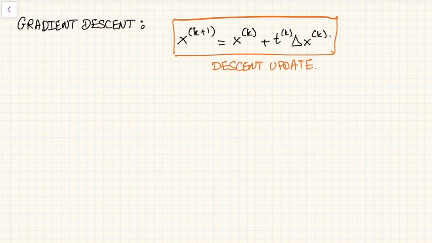And why are they called so? It's for one very important reason, and it's actually self-explanatory. It's because you're descending the f of x that you're minimizing, so you're pulling it down. And hence each step should be doing a good job. You shouldn't at any step pull up the cost function.